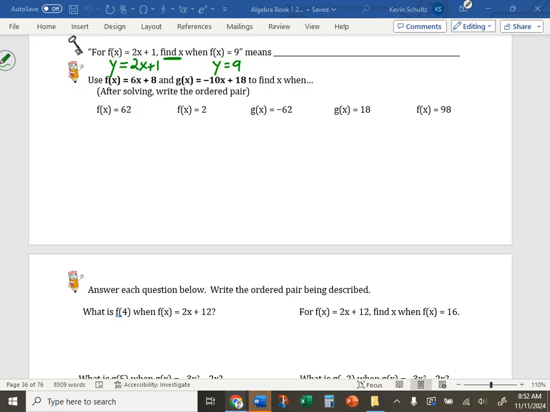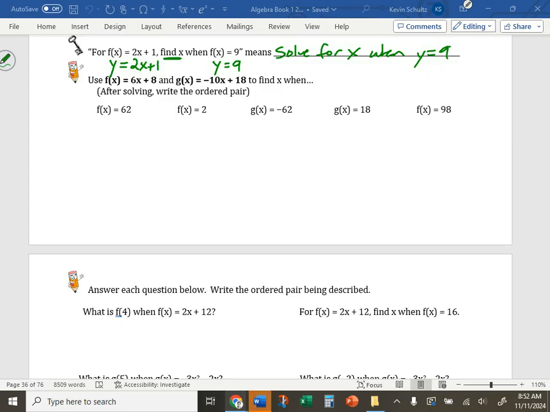I'm giving you y. Okay? So, seeing it like this, for f of x equals 2x plus 1, find x when f of x equals 9, means you want to solve for x when y equals 9. That's what that question is asking you to do, Addie. Got this? Did you write it down? Okay? Solve for x when y equals 9.